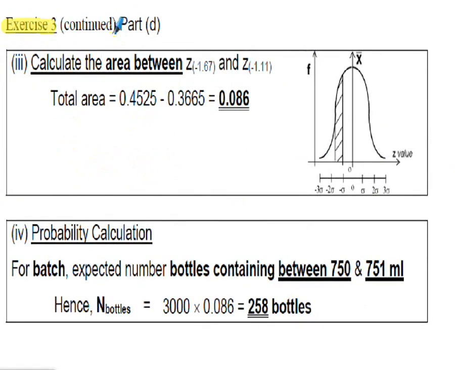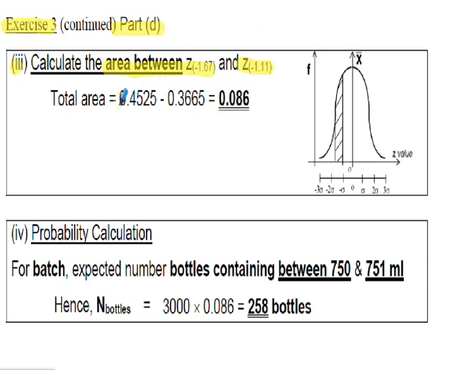Okay, exercise 3, part D continued, step 3. We've now got to calculate the area between the z value of minus 1.67 and the z value of minus 1.11, because we're trying to find the number of bottles between 750 and 751 millilitres, and they're both on the left hand side of the diagram.